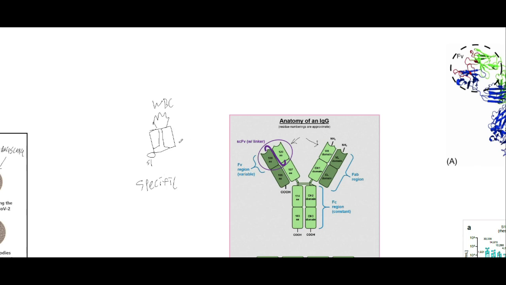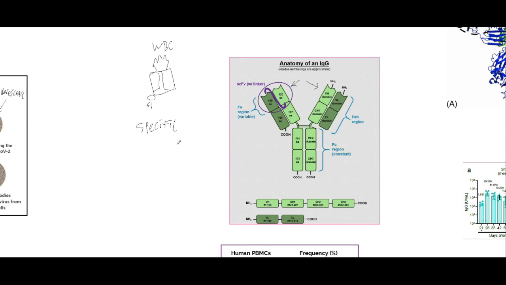We don't want it binding to things that we want in our blood, which would cause an allergic or autoimmune response. So we want this to be specific, and a tight binder to our S1 here.